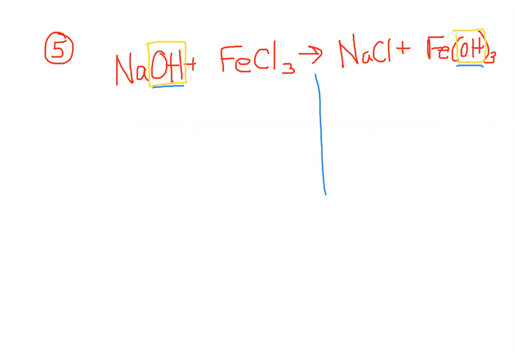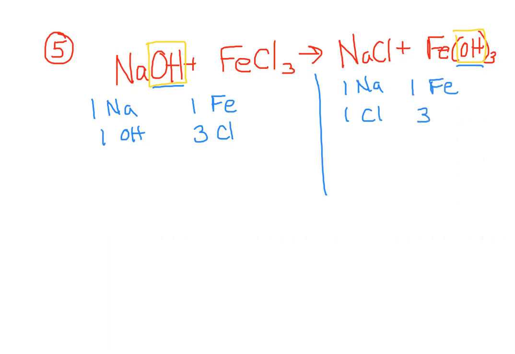All right, so let's see. We've got one sodium, one OH, one Fe, and 3 chlorine. Over here we have one sodium, one chlorine, one iron, and 3 OH. So the things that we got to look at are the chlorines and these OHs. Those are the things that are different.